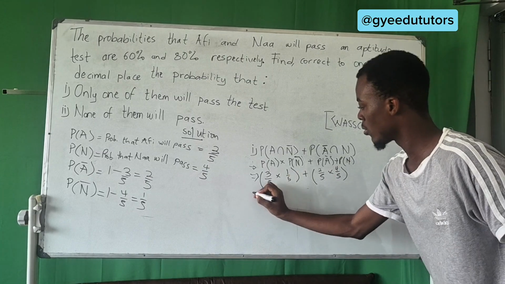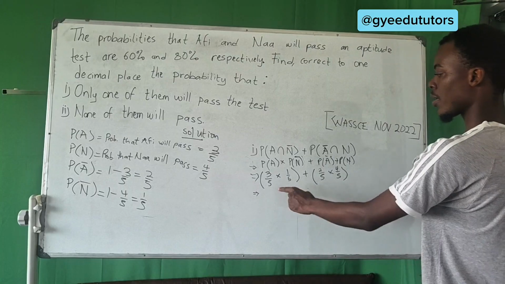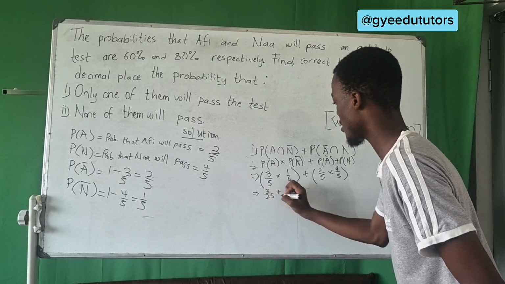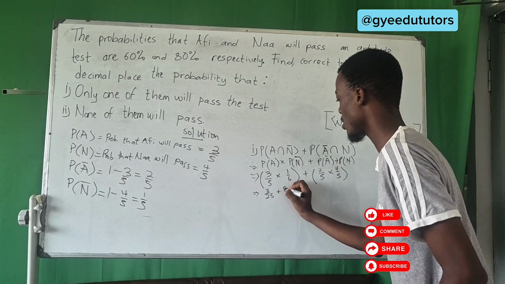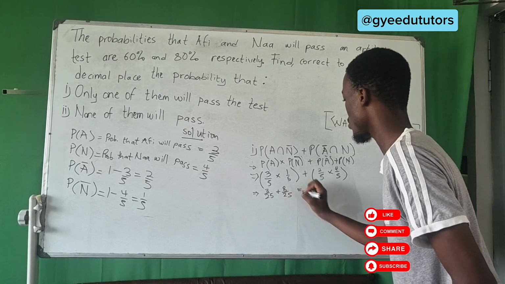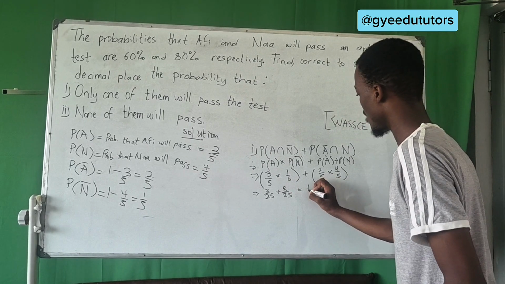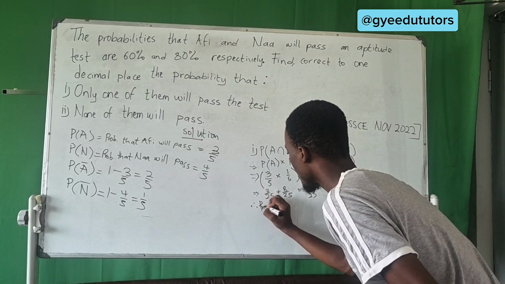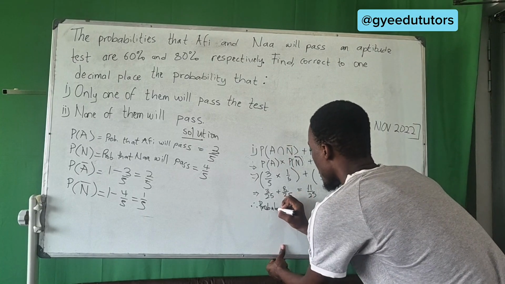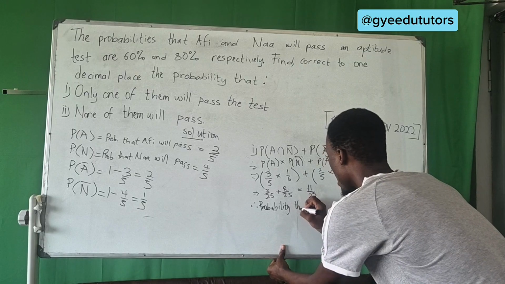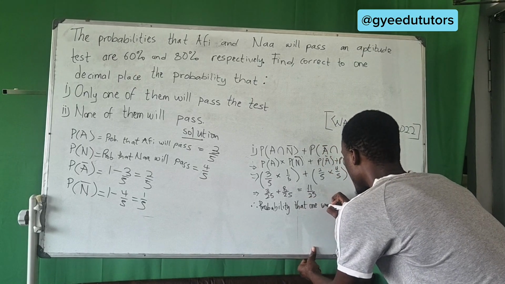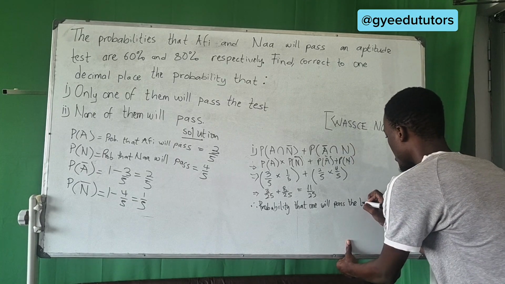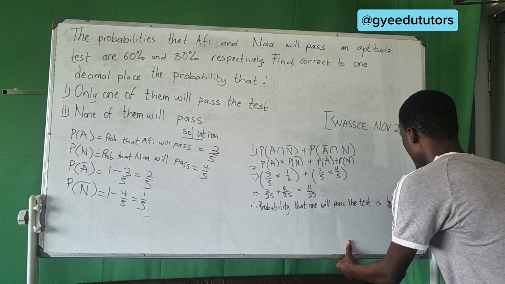So you do your calculations and you get 3/5 times 1/5 is 3/25, plus 2/5 times 4/5 is 8/25. This is equal to 11/25. Therefore, the probability that only one will pass the aptitude test is 11/25.